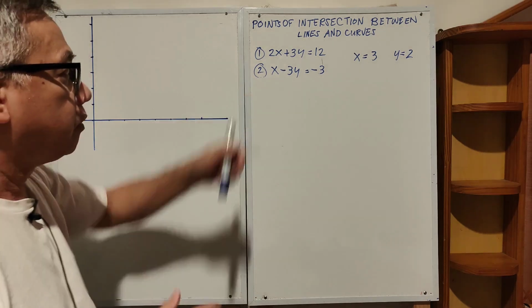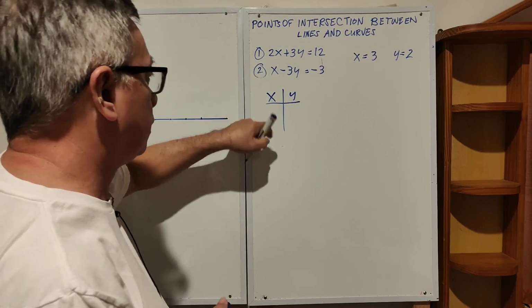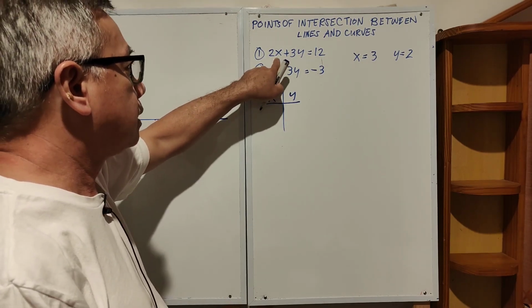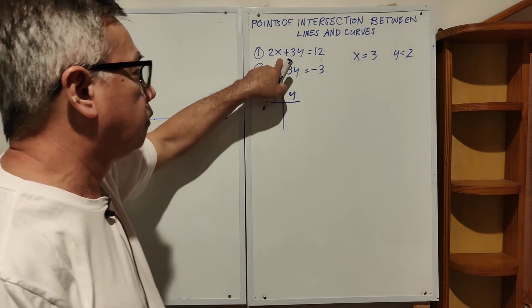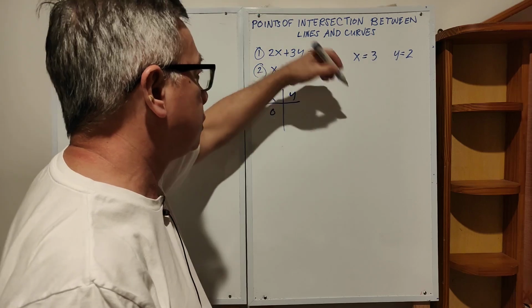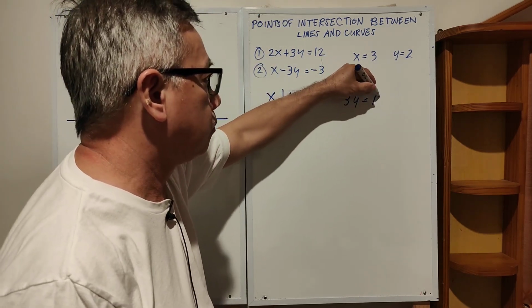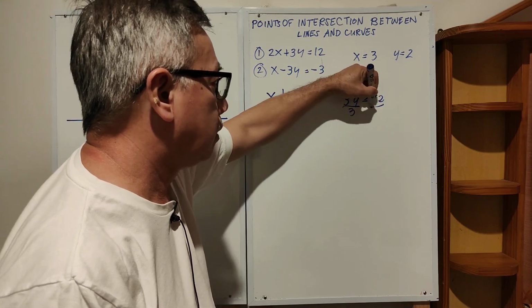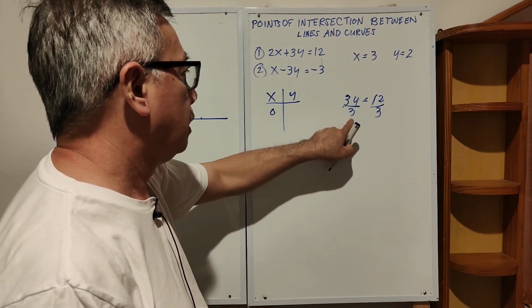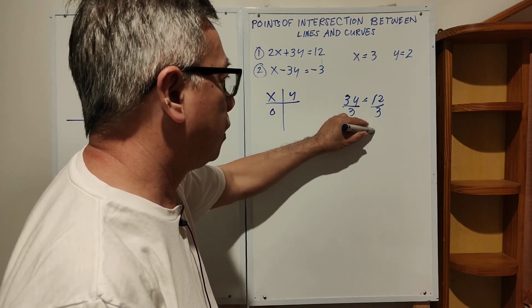So for equation 1, let's do an x and y table. If x is 0 for the first equation, this will become 0. So then it will be 3y is equal to 12. Dividing by 3, y is equal to 4.